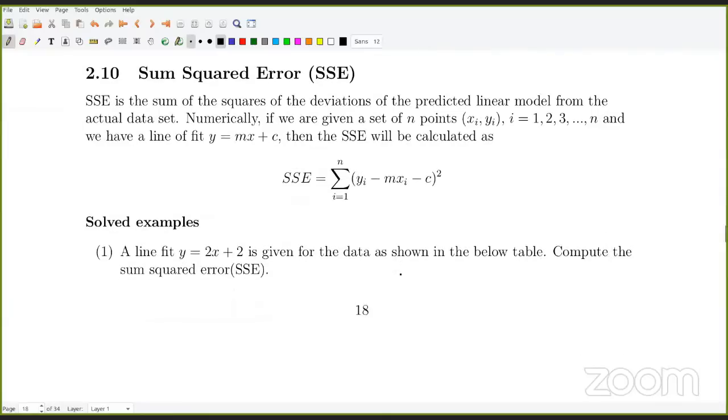Thank you, sir. Okay. Now, sum squared error is basically used to find the error between the actual model and the predicted model. The actual model means the actual data sets we have, and the predicted model can be a line fit, quadratic fit, or polynomial fit.